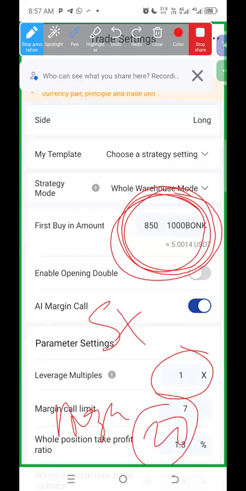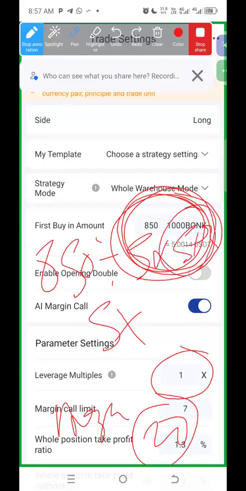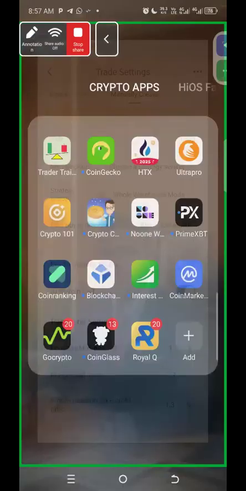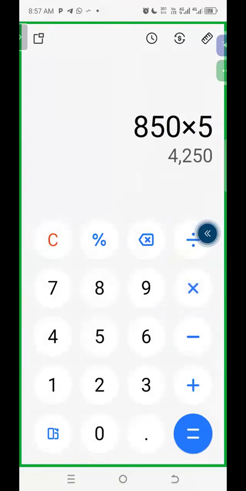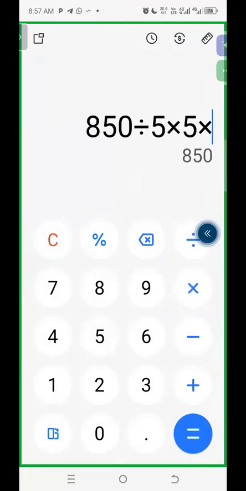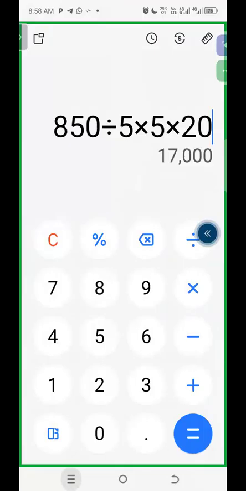This simply means it's going to be 850 divided by 5 times 5 times 20. So when you get your calculator, 850 divided by 5 times 5 times 20. That is going to give you 17,000.